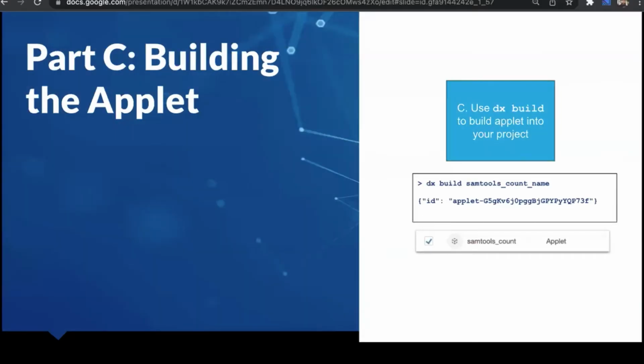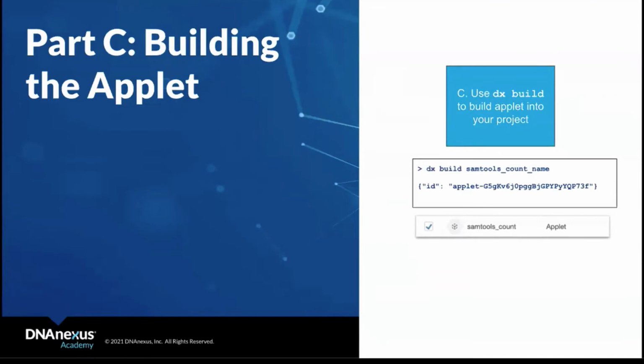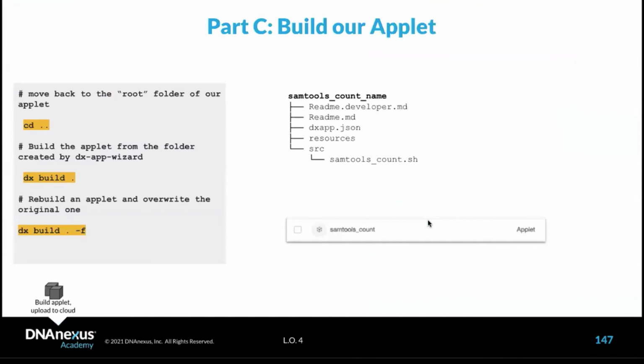Thanks, Anastasia. So let's talk about building the applet. Basically, you have filled out your applet skeleton after using the dx-app-wizard. This part might seem a little anticlimactic, but it's really important.